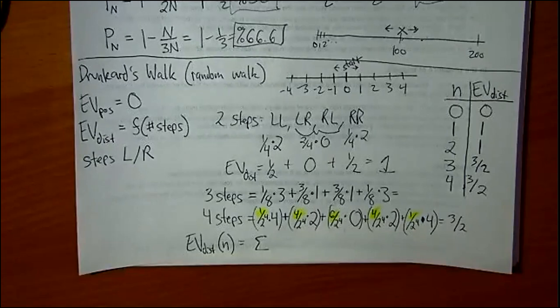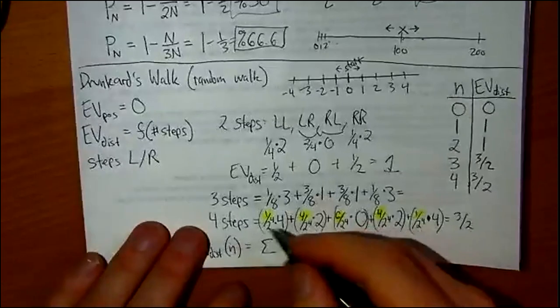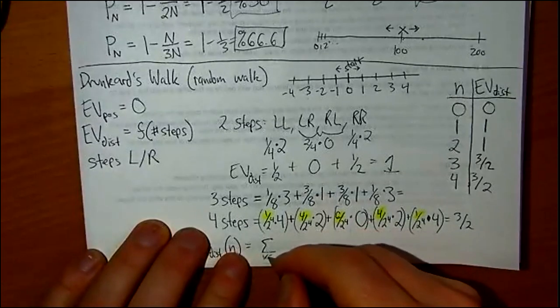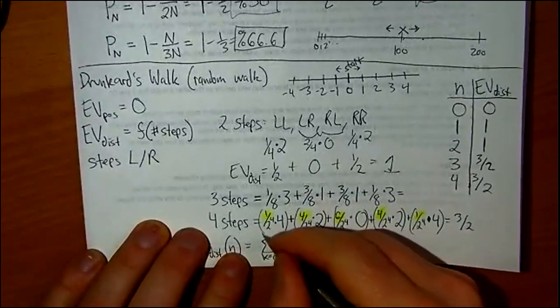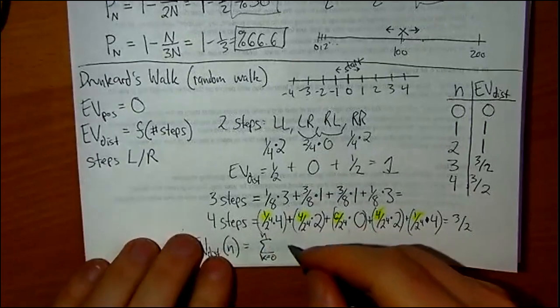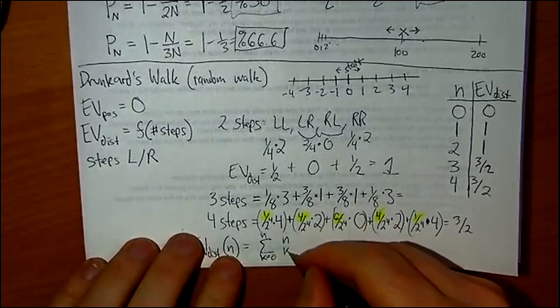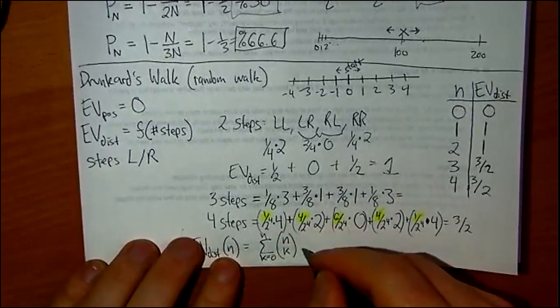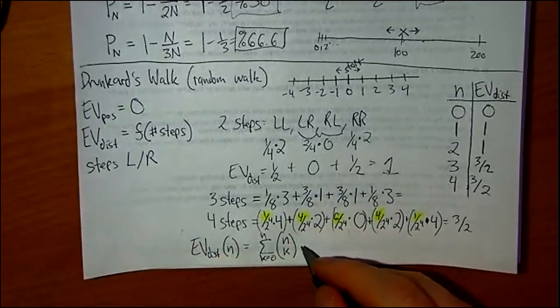And we want n choose k times the distance from 0. Okay, so you're thinking from k equals 0 to n of n choose k times what now? Times distance from 0.